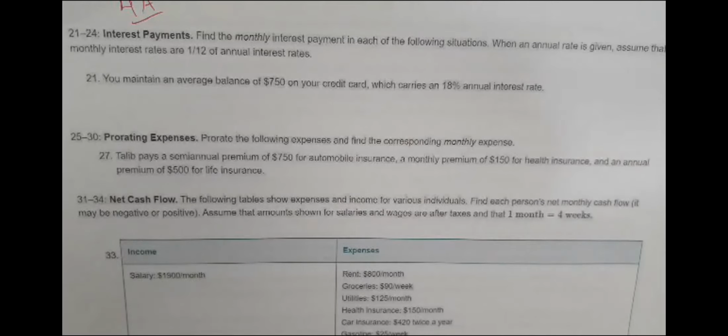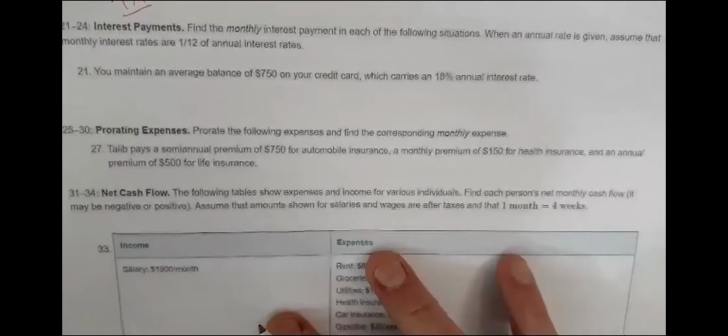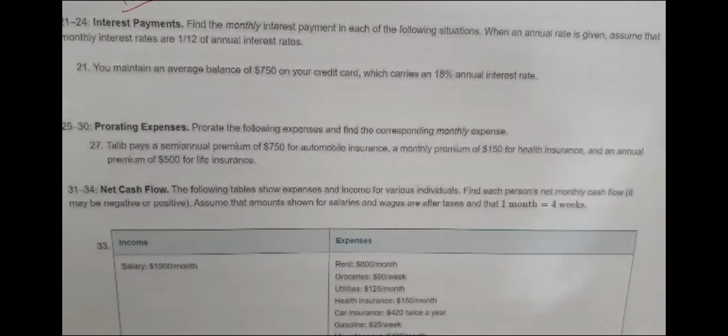So what does this say? You maintain an average balance of $750 on your credit card. Our goal was to find the monthly interest rate on this. It is an 18% annual interest rate.